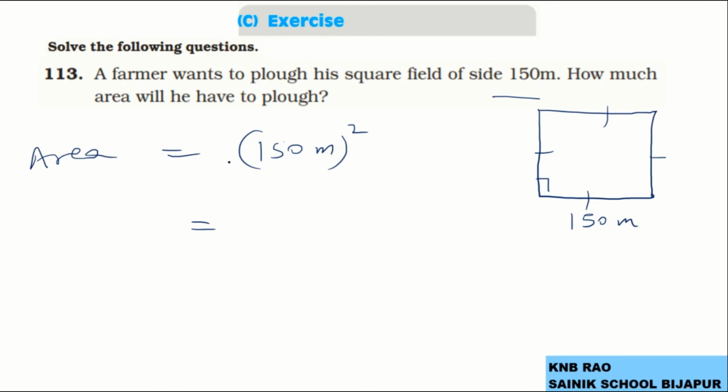Here the area that he will plough will be 150 meter whole square, which is 22,500 meter square. Okay, so that is the area that he will have for ploughing his square field.